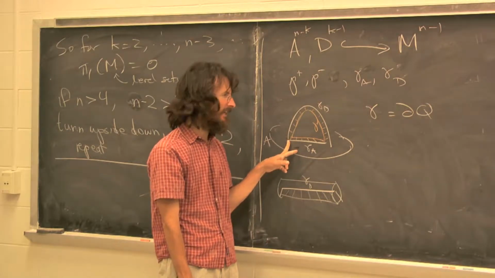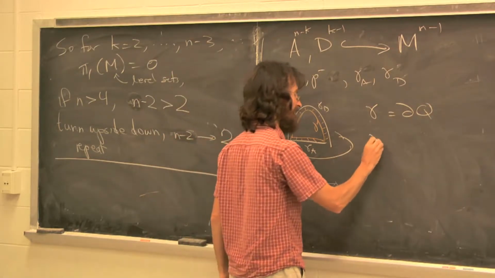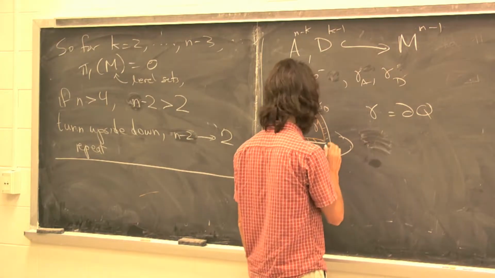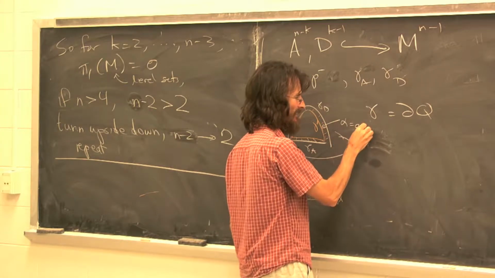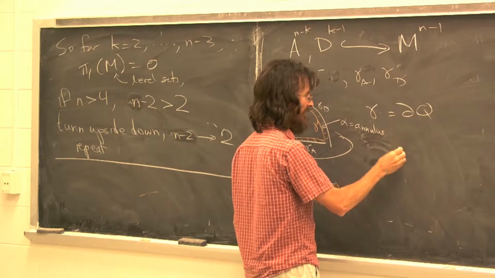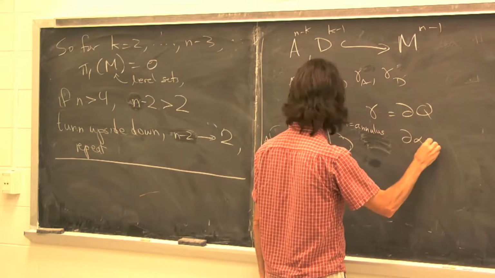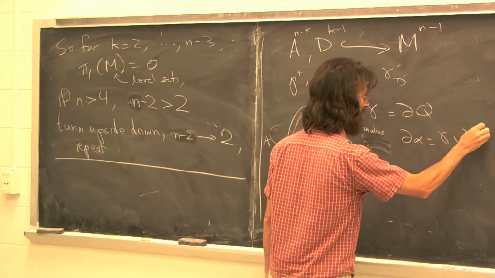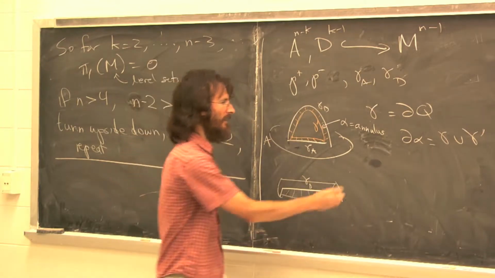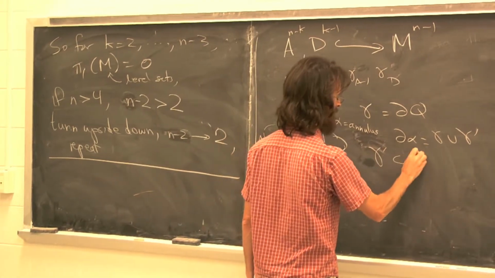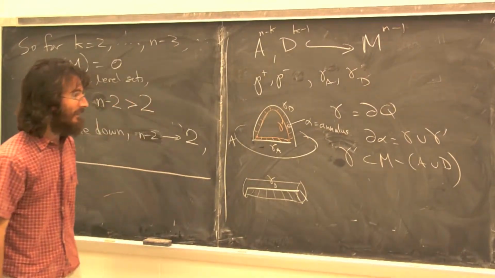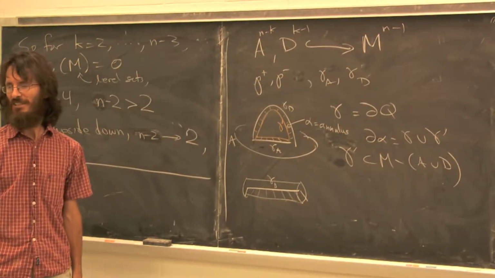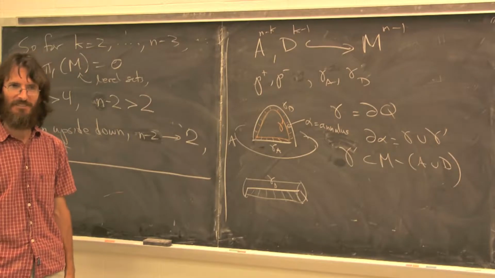So we get gamma prime, with an annulus, call this alpha, so that the boundary of alpha equals gamma D prime, and gamma prime is contained in M minus A and D. And now hopefully M minus A and D is simply connected. Hopefully our dimensions are high enough.